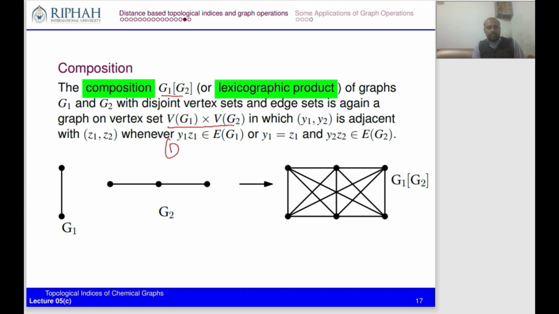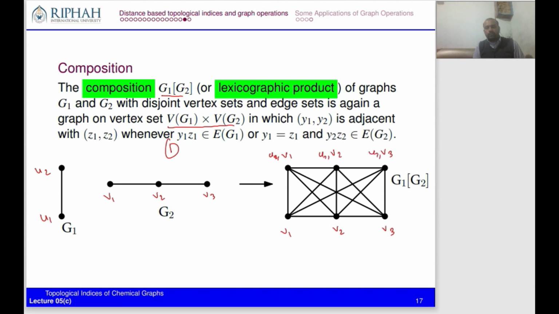Here we have an example. Suppose this is V1, V2, V3, and this is our U1 and U2.